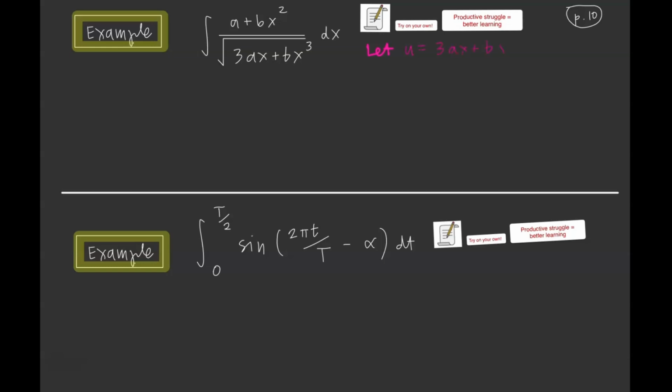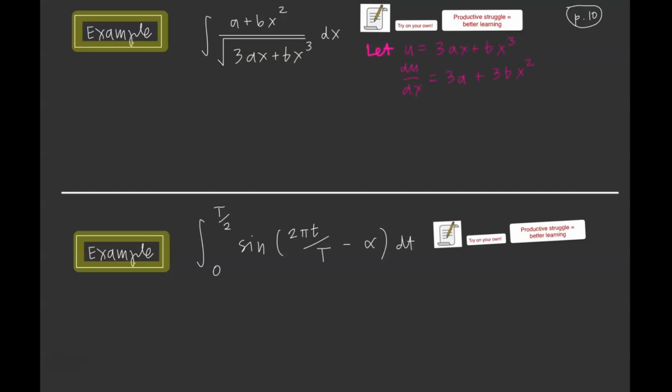3ax plus bx cubed. And then du dx, I have to remember that x is the only variable, everything else is a constant. So the derivative of this, because x is the only variable, will be 3a. Du dx is 3a plus, again, x is the only variable, so the derivative of that will be 3bx squared.